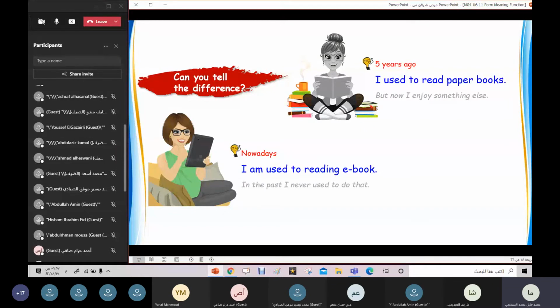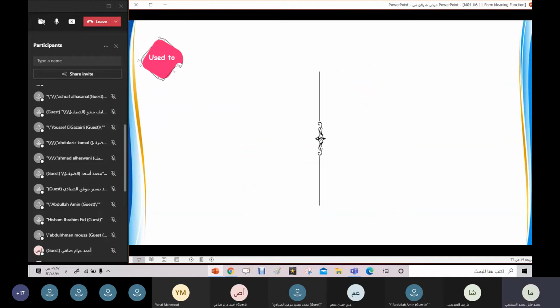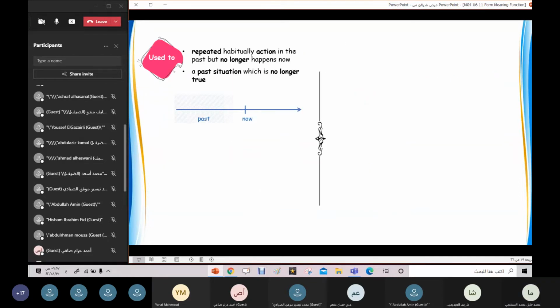But in the past, I didn't use to read ebooks. Now I am used to reading. Look at the form. Used to: repeated habitual action in the past, but no longer happens now.